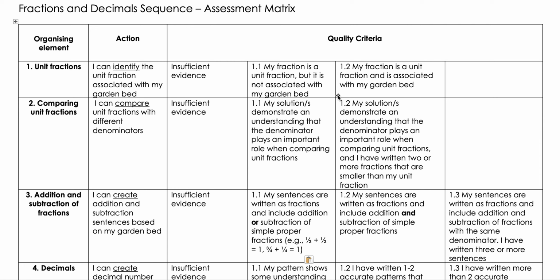And 1.2, my solutions demonstrate an understanding that the denominator plays an important role when comparing unit fractions, same as this one, and I have written 2 or more fractions that are smaller than my unit fraction. So you've given more than one example, and they are both smaller than your unit fraction.